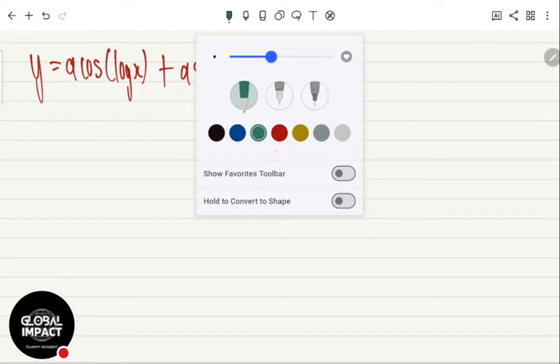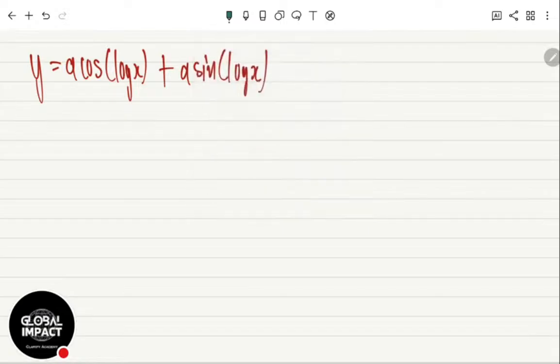So here, what does it say? What do I have? I have y being equal to a cos log x plus a sin log x. What you're going to do first is differentiate, and you're going to differentiate twice.